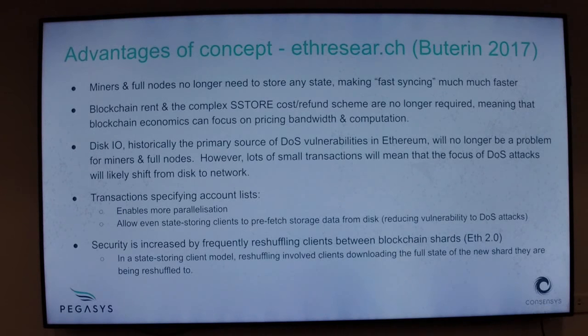Because if we've got a stateful client and you want to move between shards, you have to download the full state of the new shard that you are being shuffled to. But in a stateless client, this cost drops to 0, allowing clients to be shuffled between every single block that they create. So they don't need to go and download all of the state.